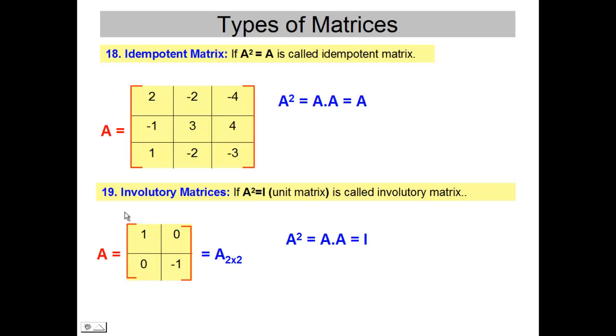For example, the matrix A equals 1 0 and 0 minus 1. This is a 2 by 2 matrix. Now we square this matrix, so A square equals A into A equals I. The resultant matrix is again the unit matrix. This type of matrix is called an involutory matrix.